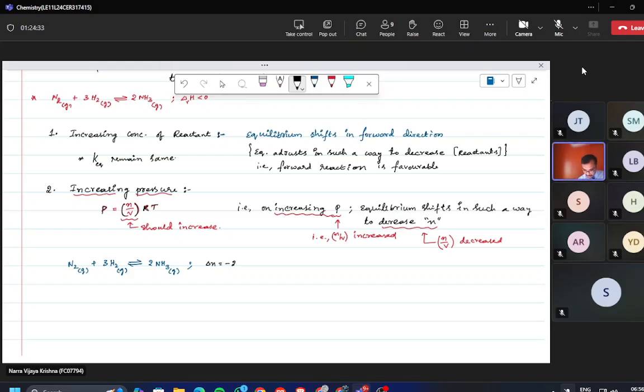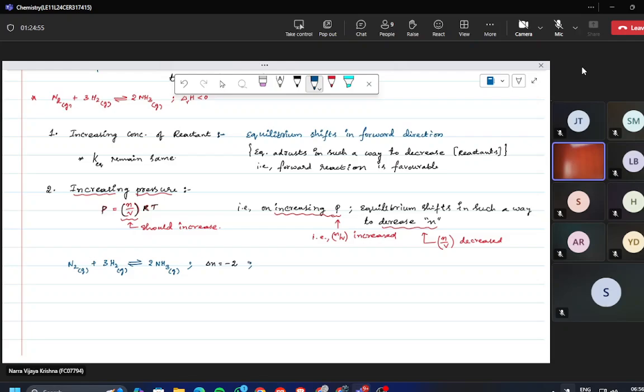Okay, very good. Now come back. If I increase pressure, what should decrease? Number of moles should decrease. Now, if a reaction moves in forward or backward, in which case number of moles will decrease?